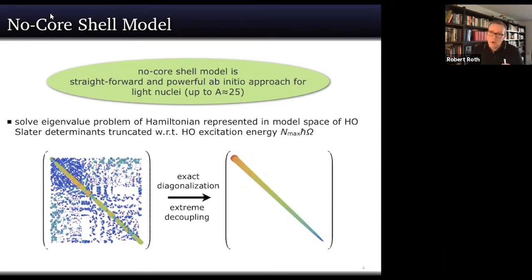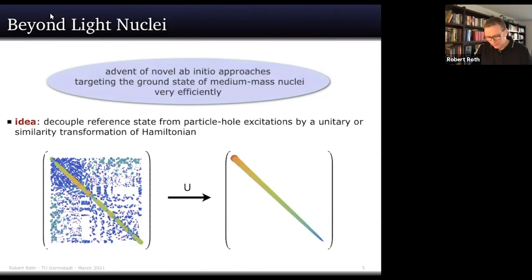So maybe we can go a little further with this decoupling paradigm, with this decoupling idea. And actually, this is the language and the basic conceptual change that you use in some of the most successful medium mass methods. In principle, you forget about the solution of this eigenvalue problem.